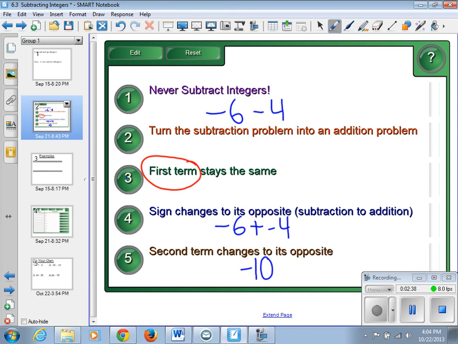When we divide fractions, division becomes multiplication. And then in fractions, our second term flips to its reciprocal. Well, here we just change to the opposite. So it's pretty similar. If you want to think of the stay, change, little reminder, with a slight variation.